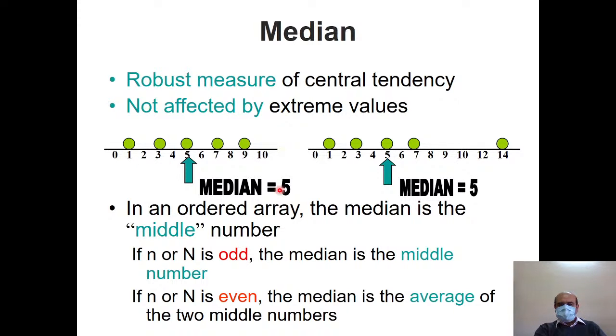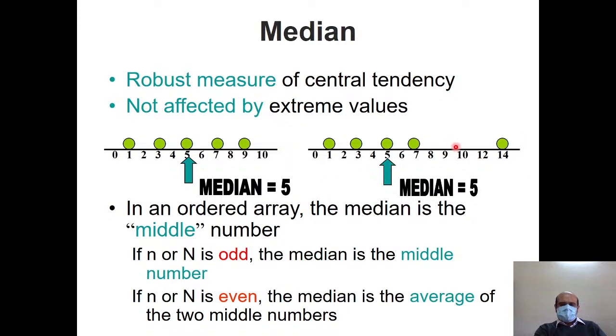Now, if you see in this example, the median is 5. What you have to do is arrange the numbers in ascending or descending order, and then take the midpoint of it. So in this 1 to 9, even if it is normally distributed, the median is 5.